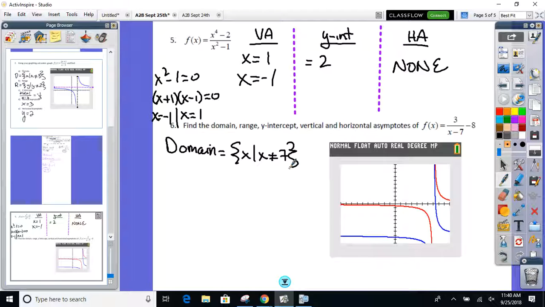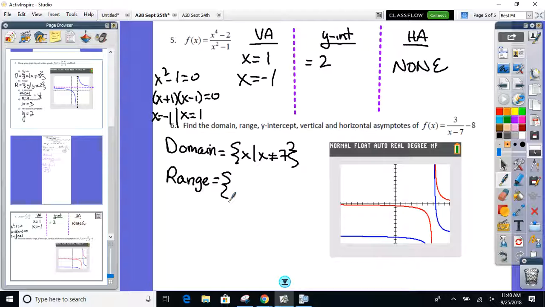Oh, we got a little change up here for you. Range. Ready for the range? What was the degree in the numerator? Nothing, 0. What was it in the denominator?